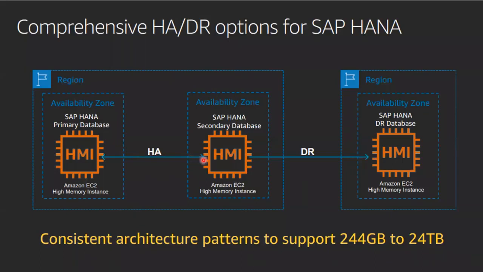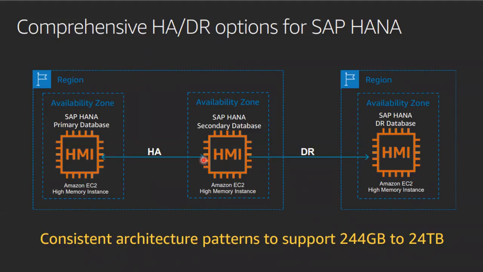Now for disaster recovery, I would say you should consider another region, because you should protect your SAP workload against region failure. So the same HANA DB instance will be configured in another region, in another geography, and you will configure the replication to the DR site.